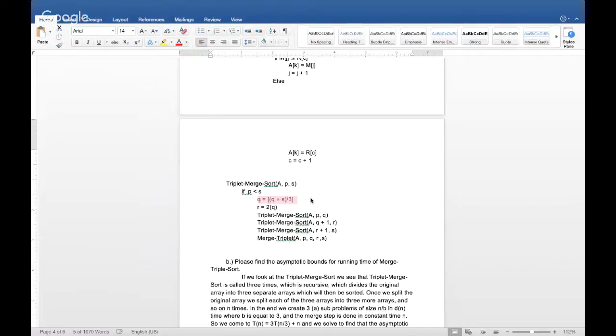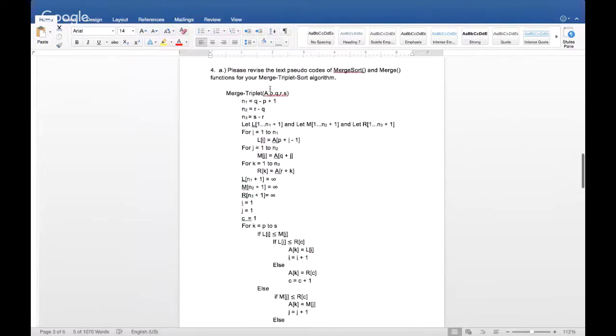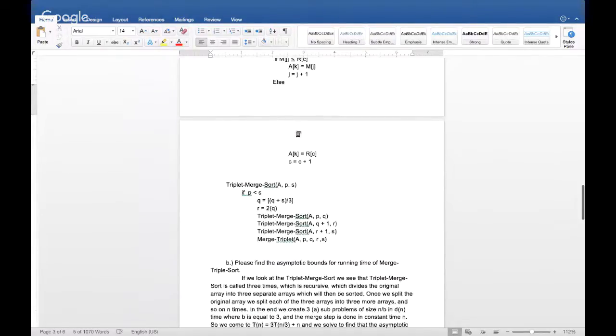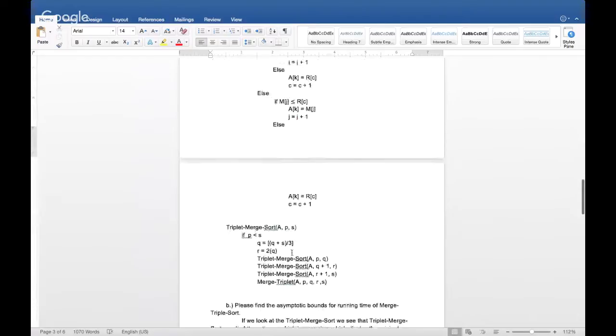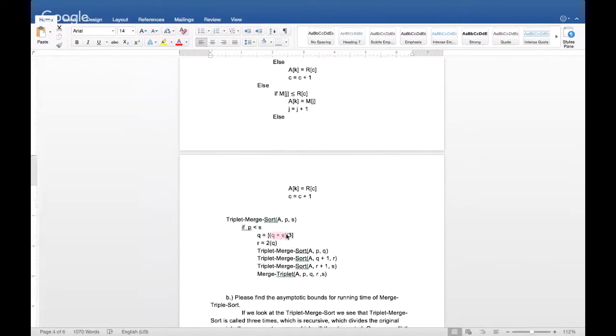So we're going to find Q, if you remember from the method above, which is the beginning of the second array, and R is the beginning of the third. So what we do is we take Q plus S divided by 3.